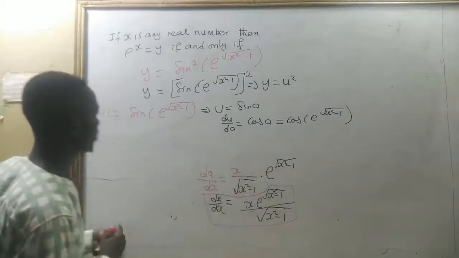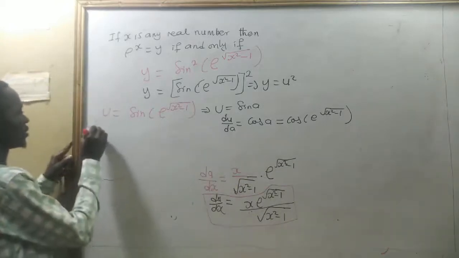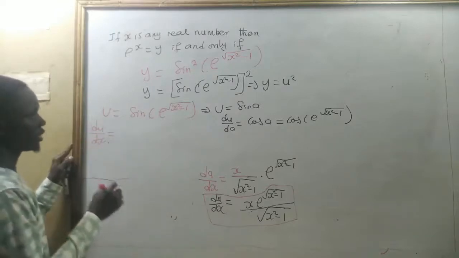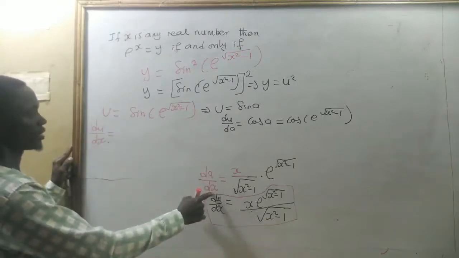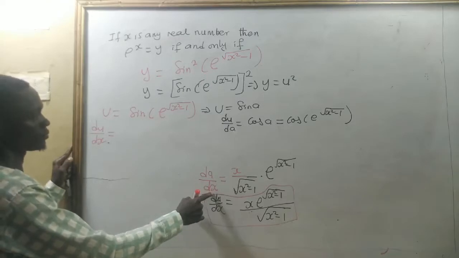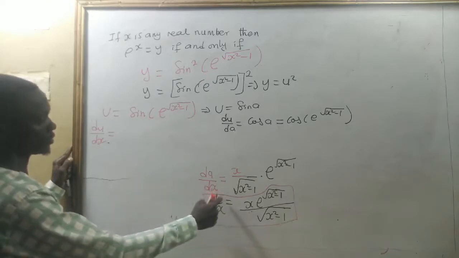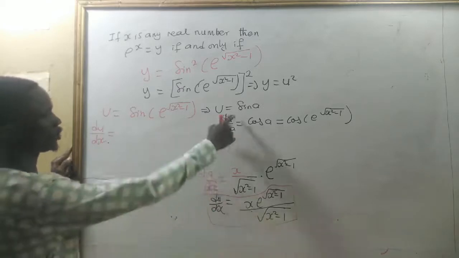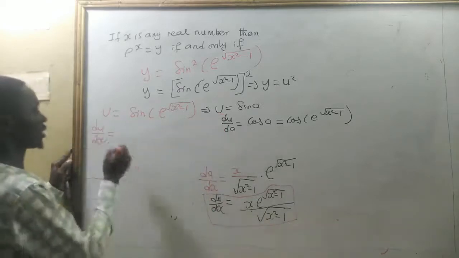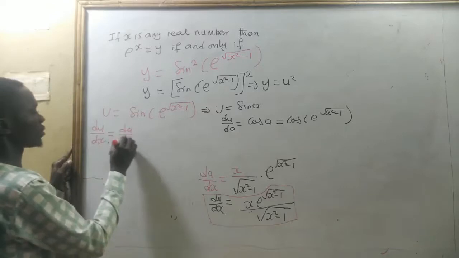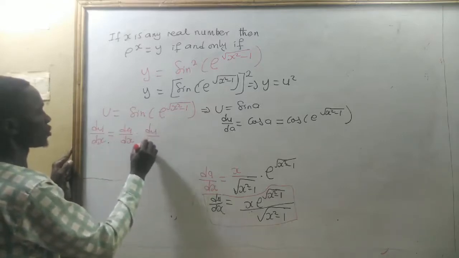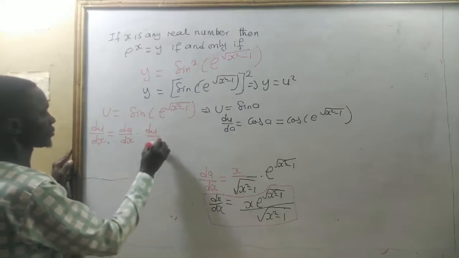So now we know that du/dx using the chain rule will contain dA/dx times du/dA. So we take dA/dx times du/dA.